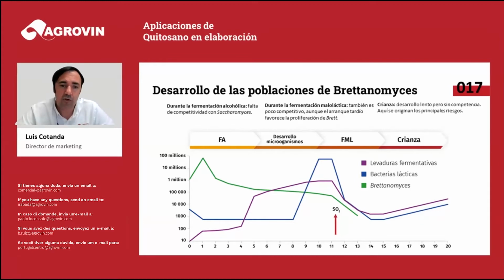If in the period between the alcoholic and malolactic fermentations, where the level of sulfur dioxide is very low, these populations are not controlled, then they can pose problems in the future, especially if during the malolactic fermentation Brettanomyces stops its development, then the populations can be reduced. But after that, Brettanomyces can continue developing if we don't control it, slowly but progressively, gradually, and in an ongoing way. And therefore, we could have some problem there.